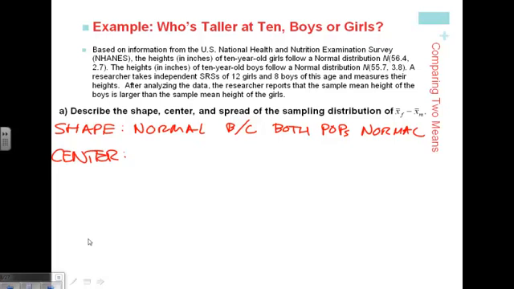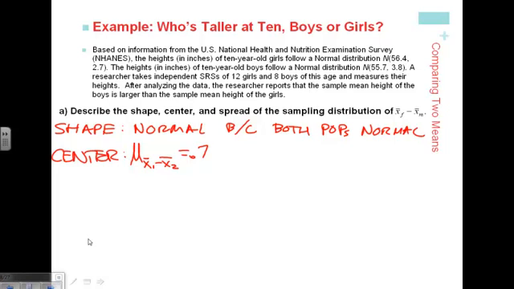Why? And actually, what I need is I need notation, and I need answer. Okay, you gave me the numeric part of the answer. What did you answer? The mean of x bar 1 minus x bar 2. Okay, the mean of something, the mean of the distribution of the differences of those sample means.